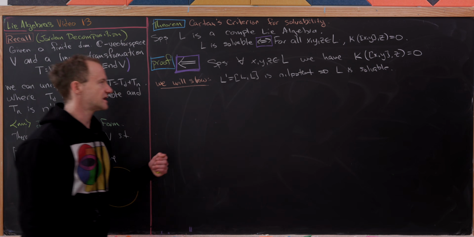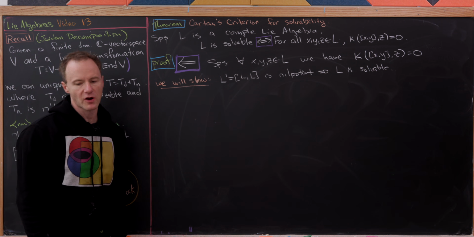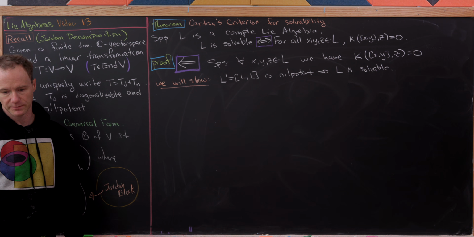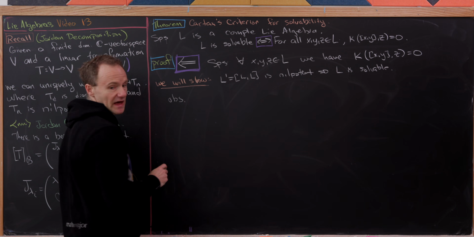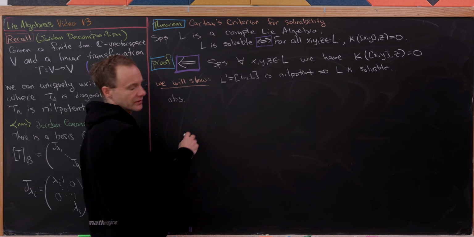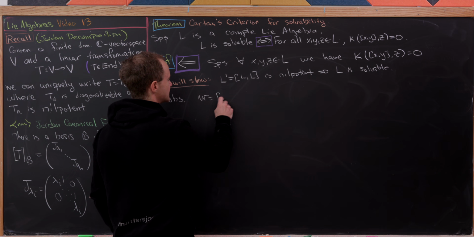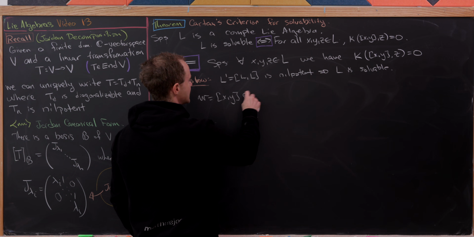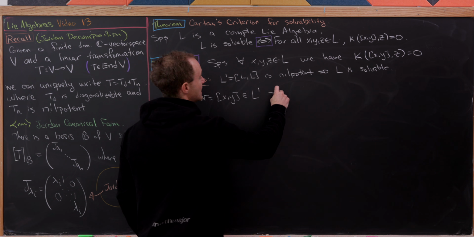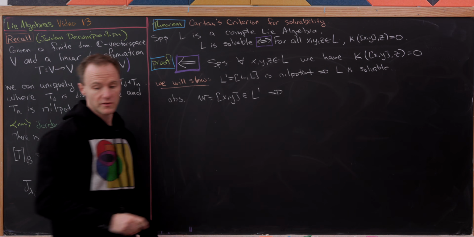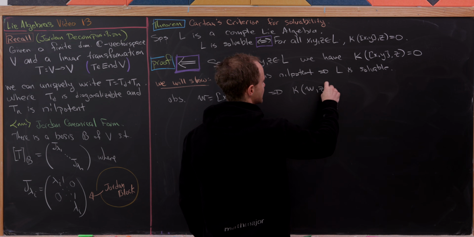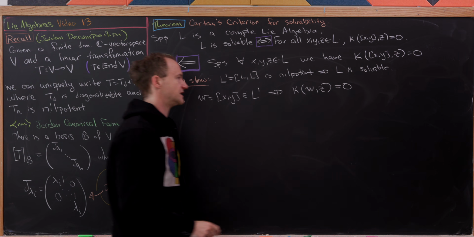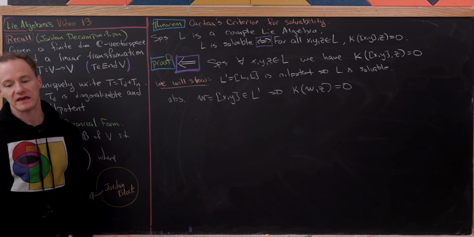So if we can prove this, then all we need to do is look at L' and show that it is nilpotent. Okay, so let's observe that if we take a w, which is equal to the bracket of x with y inside of L', then we know that kappa of w with z is equal to 0. That's just by the given.